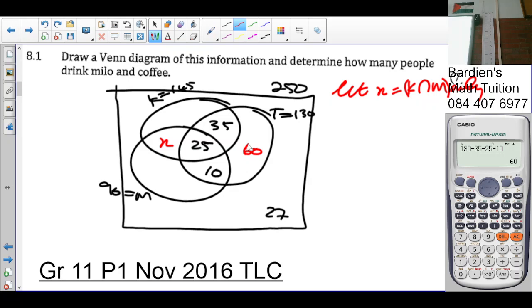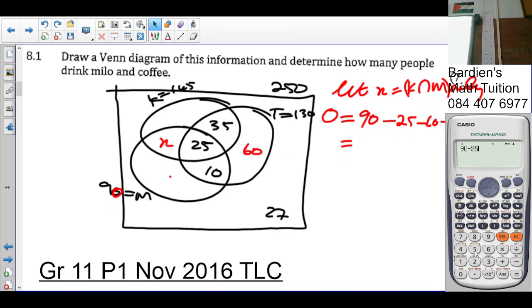So that space is equal to 90 minus 25 minus 10 minus x. So it's 90 minus 35, which gives you 55. So it's 55 minus x.